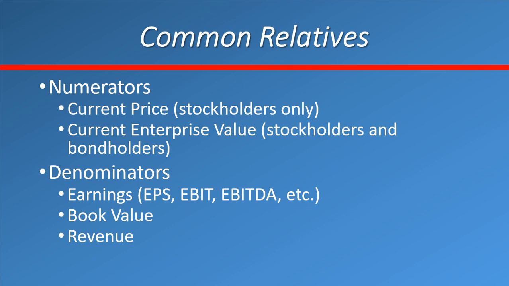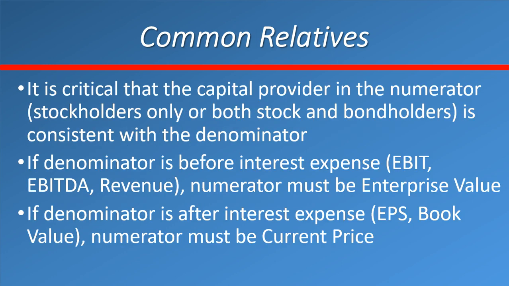The book value of a firm is simply its assets minus its liabilities. Book value is also known as net worth or shareholder value. And we can look at the revenue. Those are the three most common ones that we use in finance. In choosing between price and enterprise value, it's important that we match the capital providers in the numerator with the capital providers in the denominator.